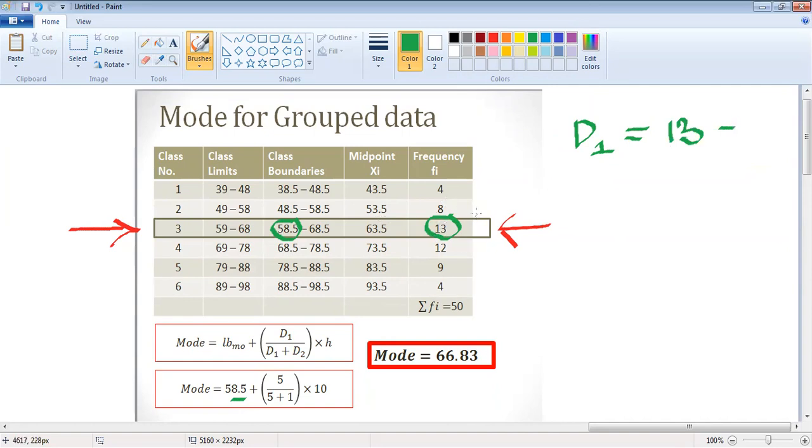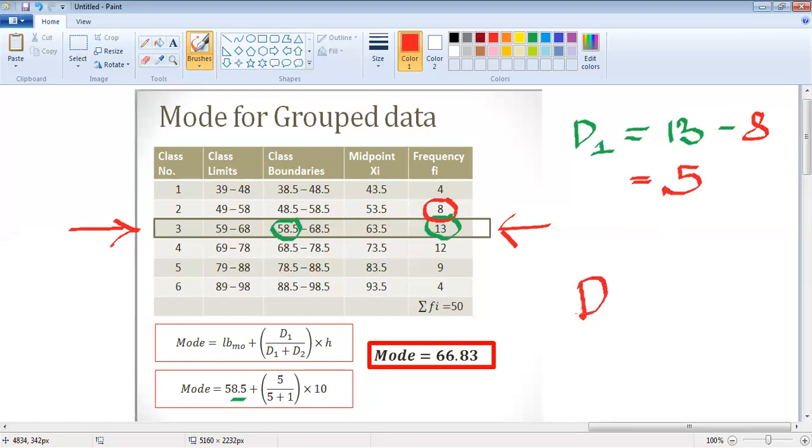I always say the mode, but it's actually the frequency before the modal class. That is 8. So our D sub 1 is equal to 5.